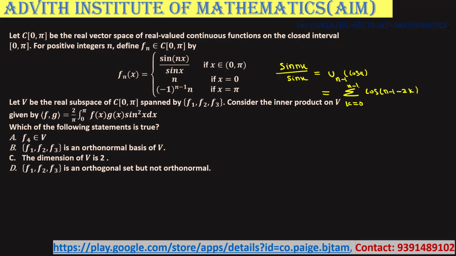This is the formula. And this one is always a linearly independent set for every n. So therefore it is a linearly independent set.